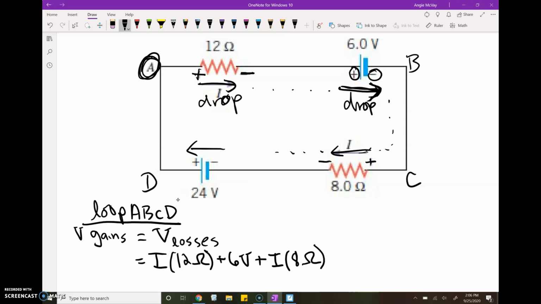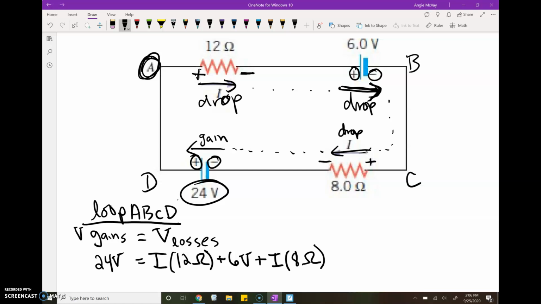Now the last thing that we'll do to complete our loop is go through this power supply, and this power supply is oriented where our current is going to go from low potential to high potential. So this was a drop, but this is a gain in potential, and it's 24 volts, and so we're going to write that down as our only potential gain here.